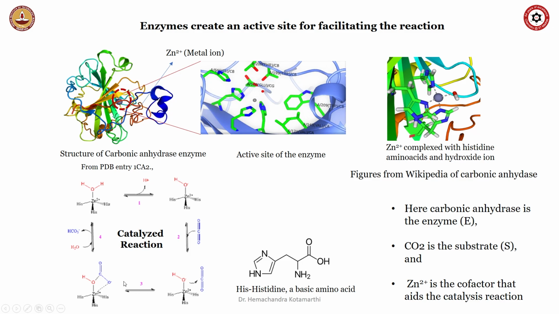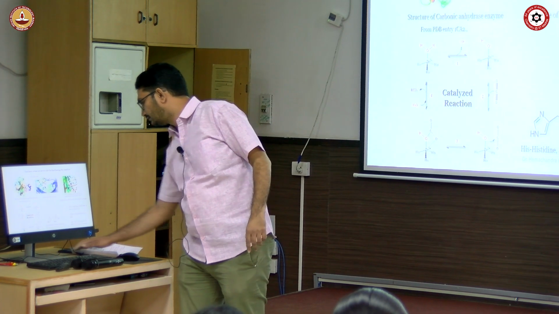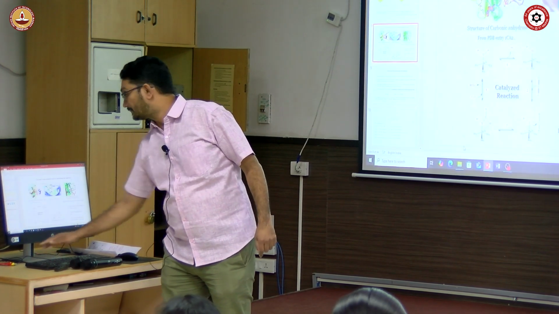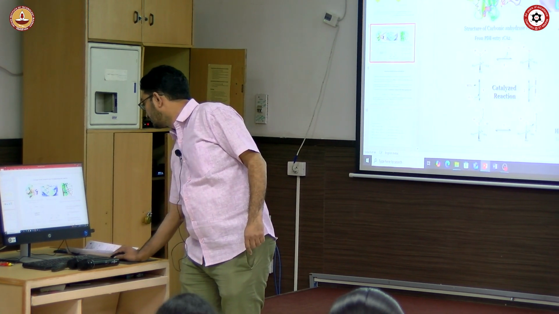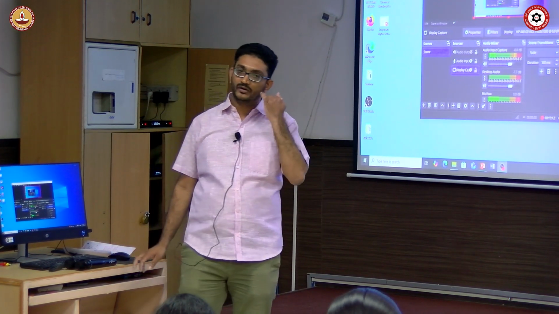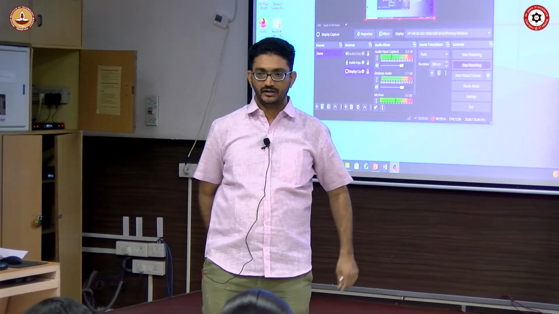This can always be in equilibrium with this, no? Backwards. It is also a non-covalent complex. But then why don't we, you are saying we can't write the backward reaction there? Substrate concentration is limited. What do you mean by substrate concentration is limited?